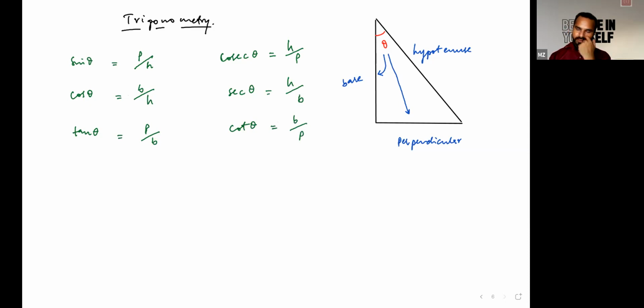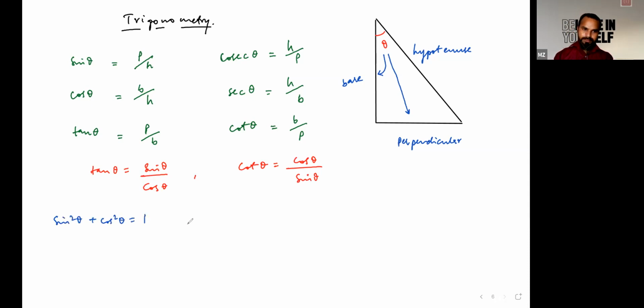The next term is identities. First is tan theta, which is equal to sine theta by cos theta. And the next is cot theta, which is equal to cos theta by sin theta. Next, sine square theta plus cos square theta is equal to 1.